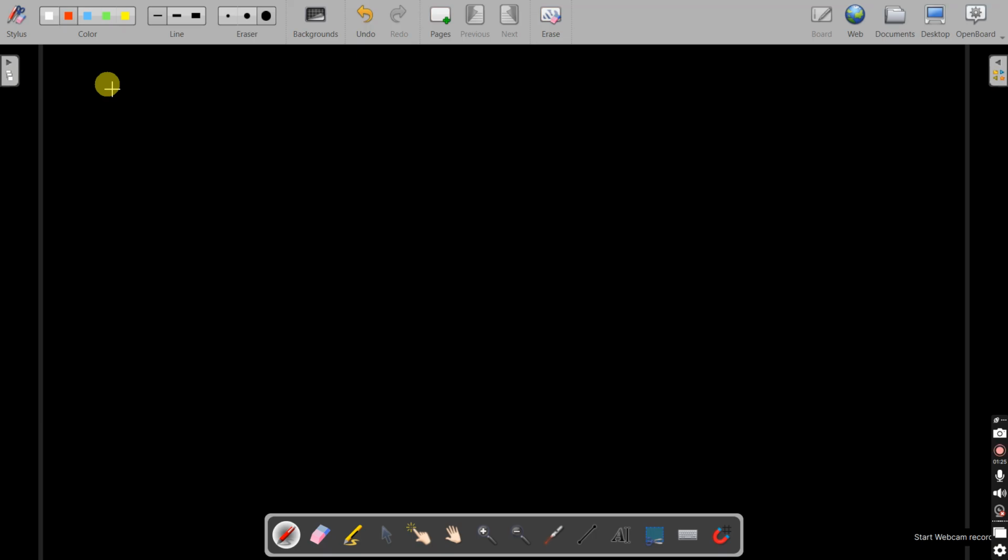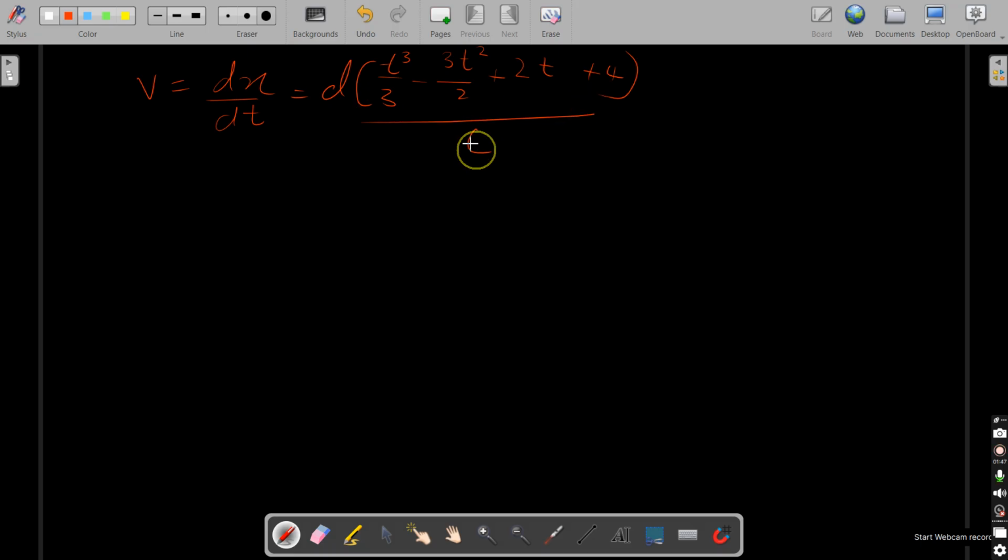Velocity will be differentiation of position with respect to time, which will be differentiation of t cube upon 3 minus 3t square upon 2 plus 2t plus 4 with respect to t. So 3 comes here, so it gets cancelled with the denominator.